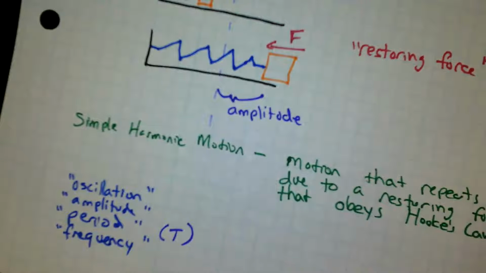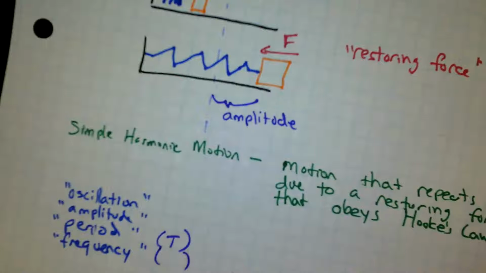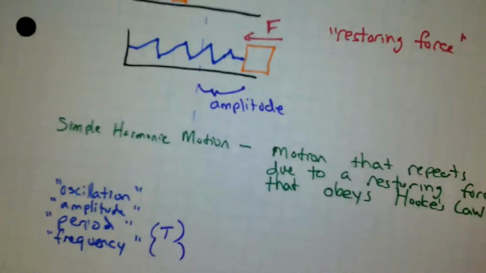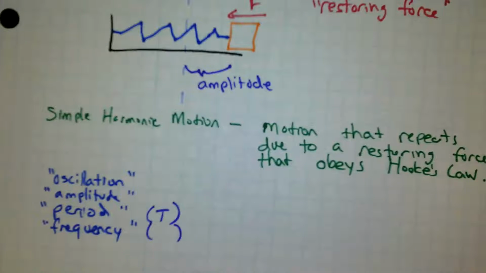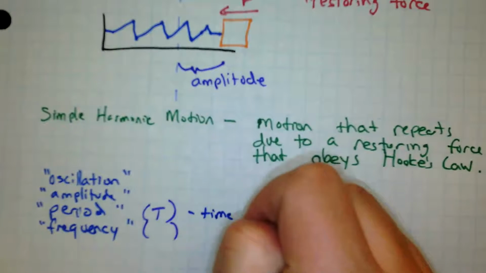Frequency, and I don't think we've talked about this before, but you might know what frequency is. Like how fast? Basically, yeah. So period, I might write these two down, is going to be the time of one oscillation.